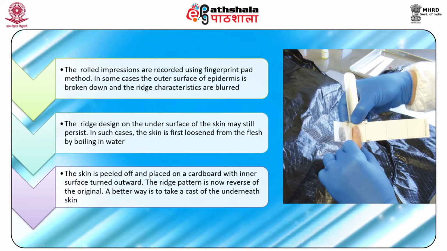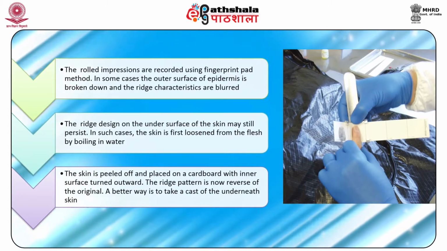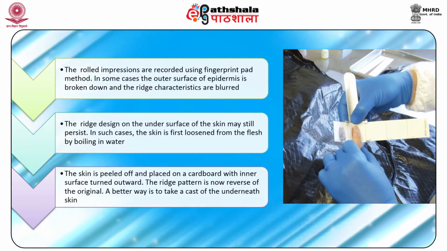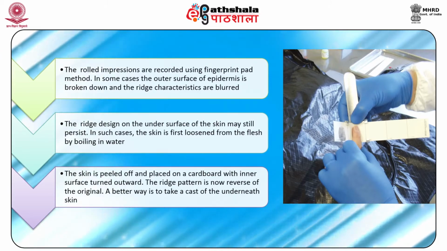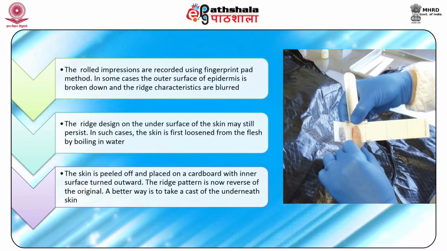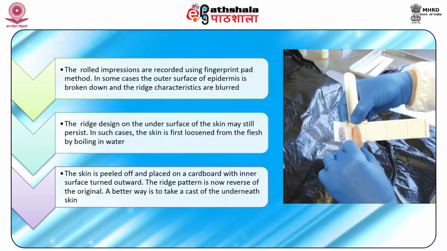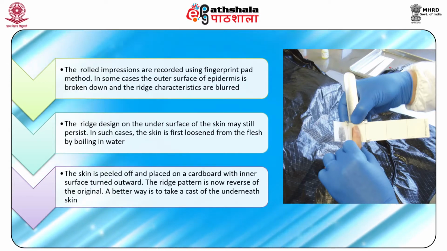In some cases, the outer surface of epidermis is broken down and the ridge characteristics are blurred. However, the ridge design on the undersurface of the skin may still persist. In such cases, the skin is first loosened from the flesh by boiling in water.